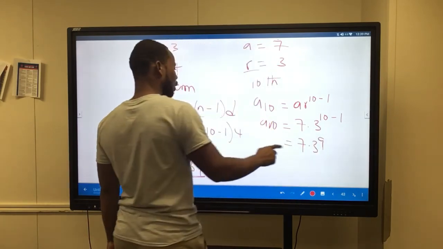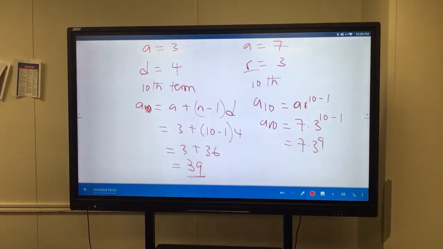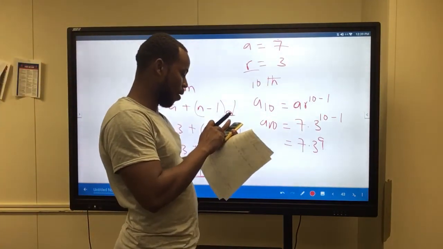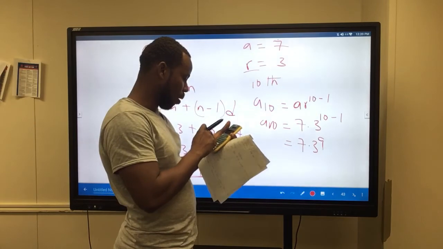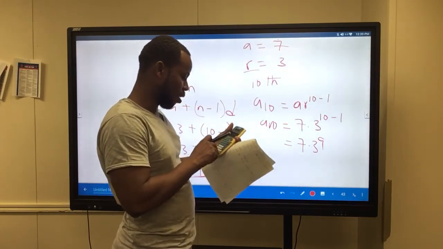Put this into the calculator nicely. Let me do that. I'm right there with you. So I put this into the calculator. Your calculator has a power key, so 3 raised to the power 9, times 7.